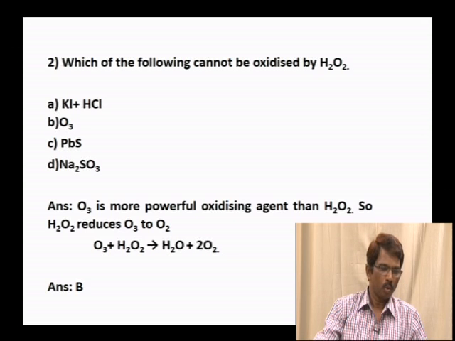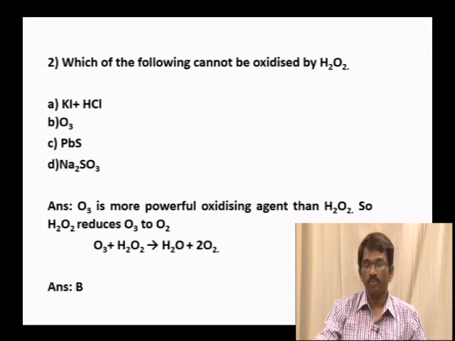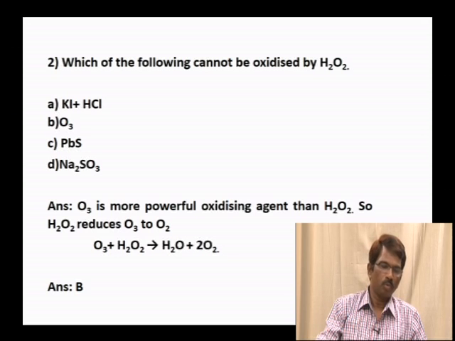But ozone is a more powerful oxidizing agent than hydrogen peroxide, and hence when ozone is made to react with H2O2, the H2O2 reduces ozone to H2O and O2, and therefore the correct option is option B, that is ozone, which is a more powerful oxidizing agent compared to H2O2.